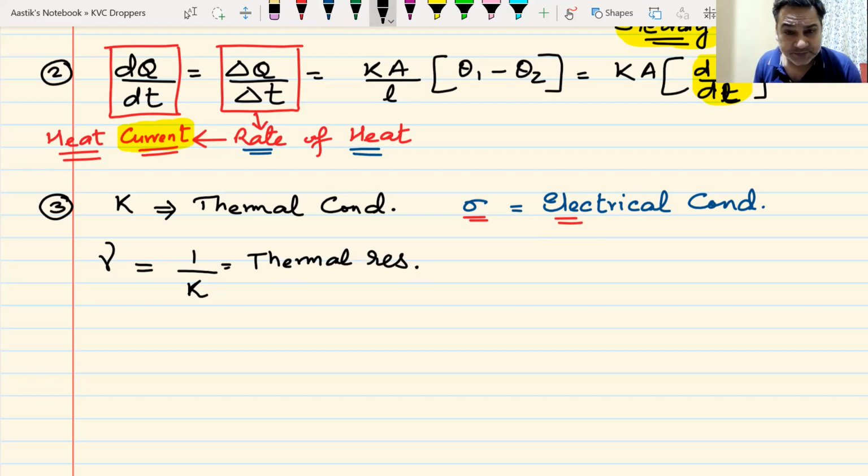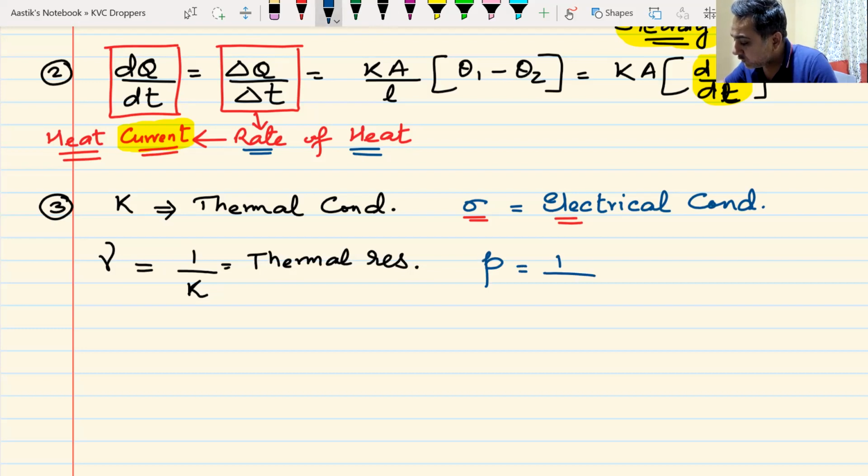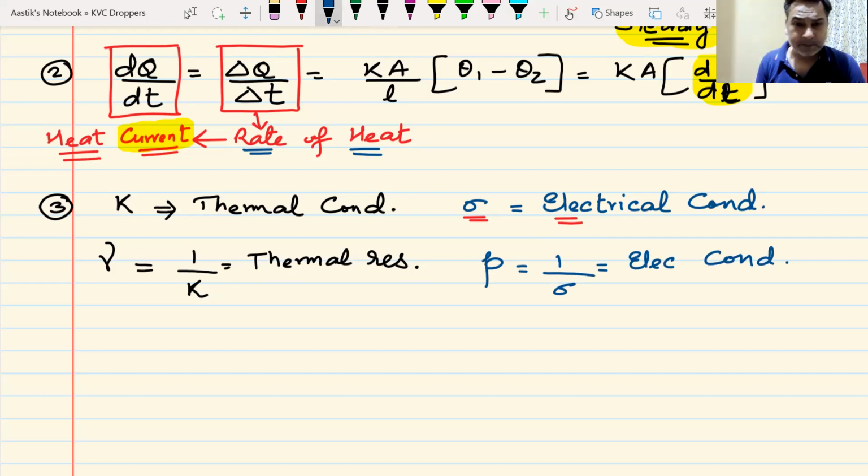Thermal resistivity. And this thermal resistivity is the same as your rho. Rho was 1 by sigma, and sigma was known as electrical conductivity. Do we understand this? Yes, sir.